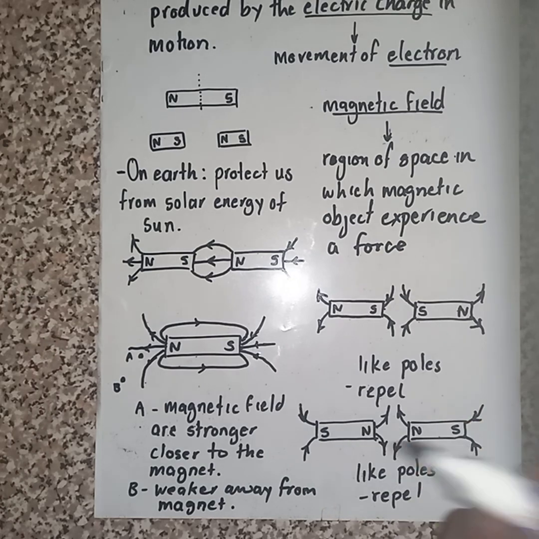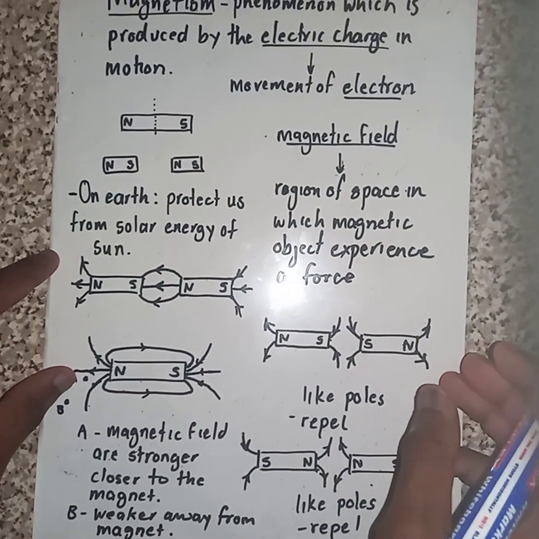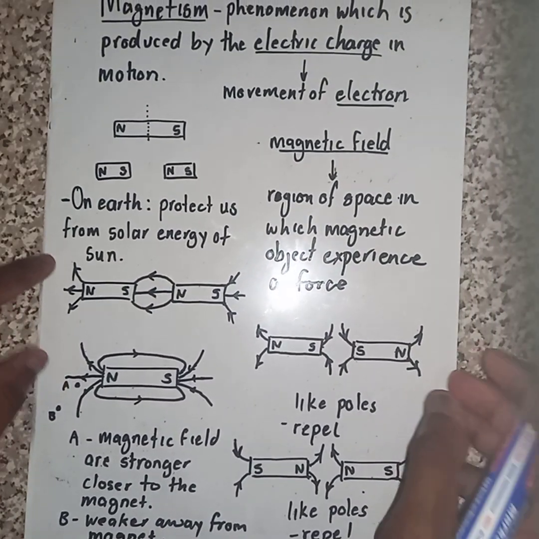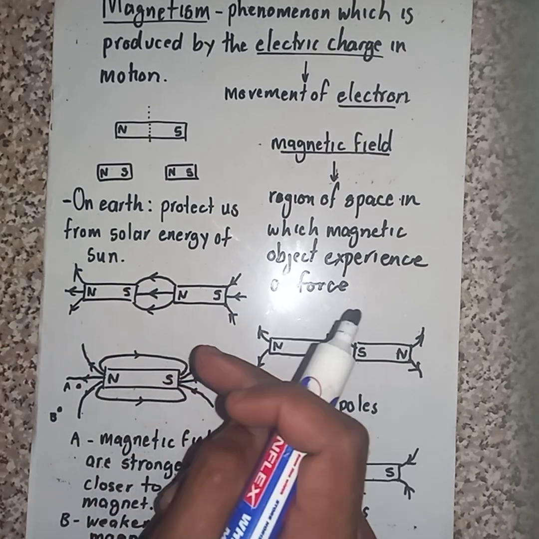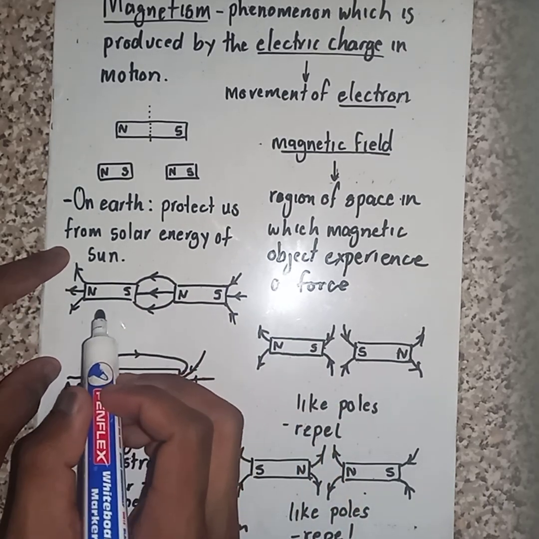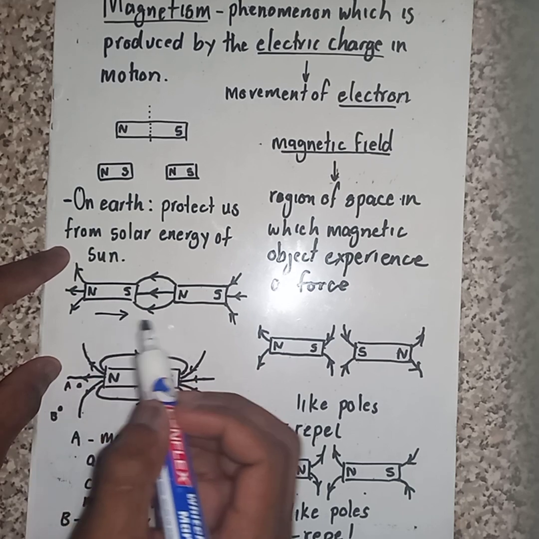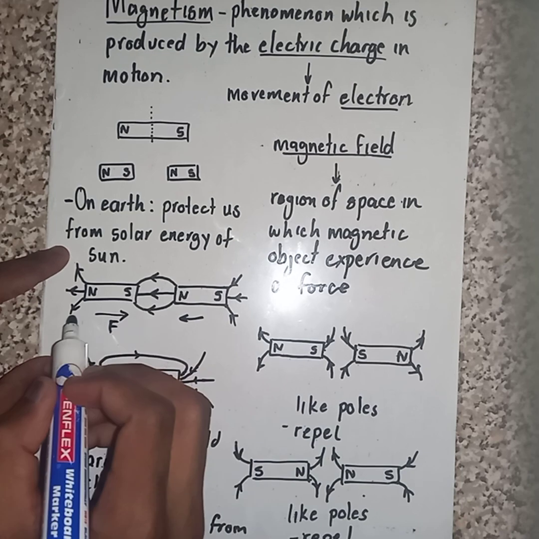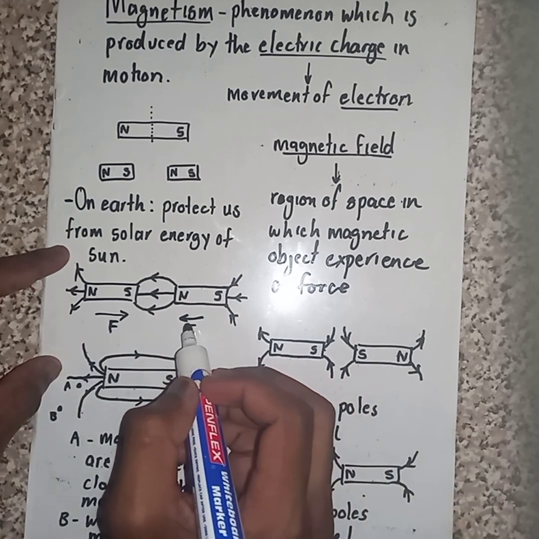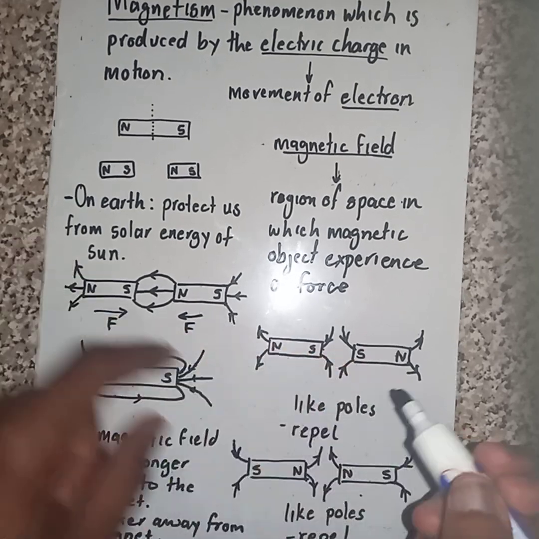See, then lastly, what I'm going to do is, we say two unlike poles do what? Attract each other. Somehow this one will exert a force to the right, this one to the left.